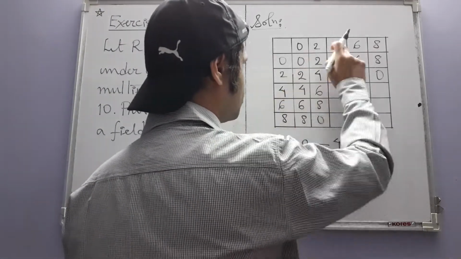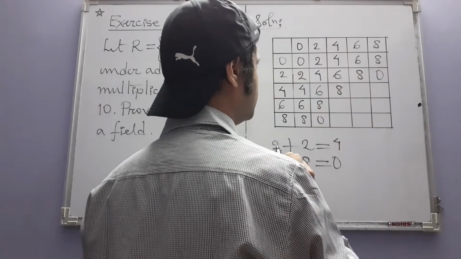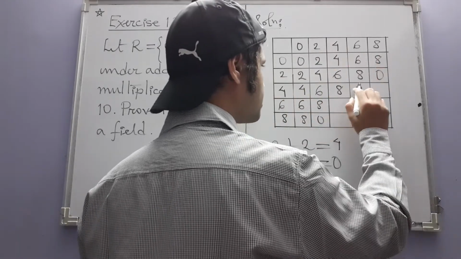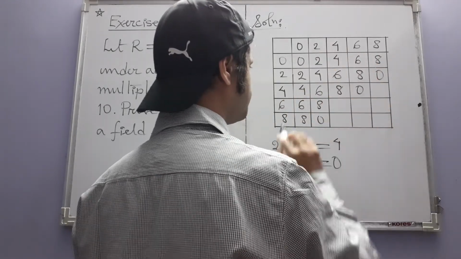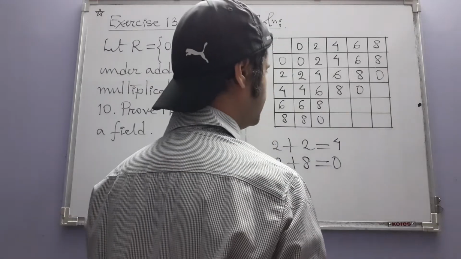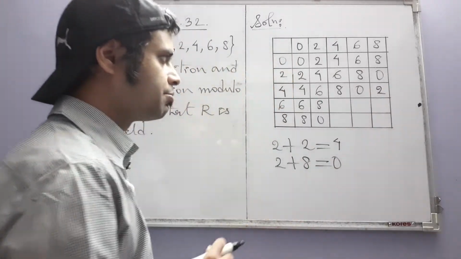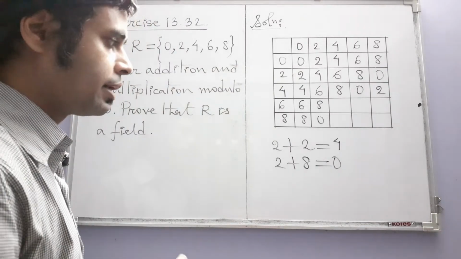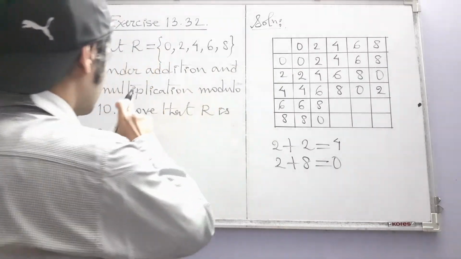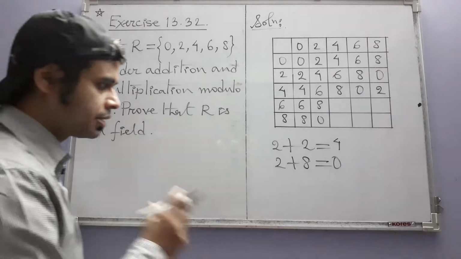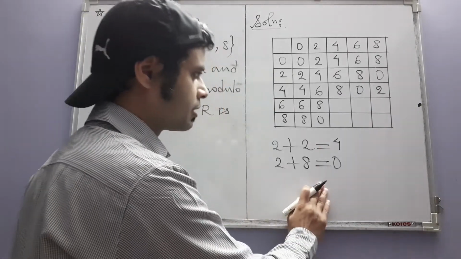Then just like that, 4 plus 4 is 8. 4 plus 6 is 10, that means 0. 4 plus 8 is 12, that means 2. When you divide 12 by 10, the remainder is 2. And in fact, because your modulus is 10, it's especially easy to determine the remainder.